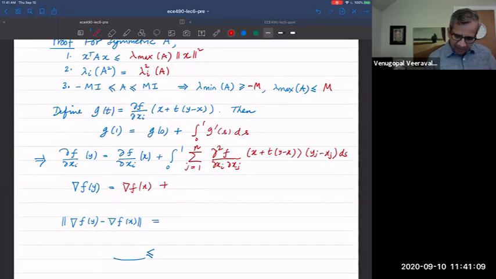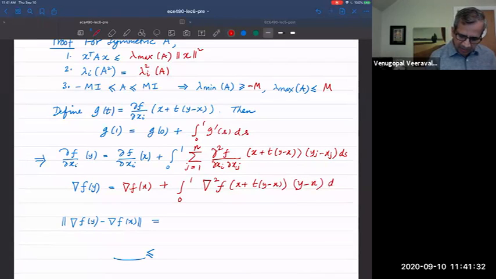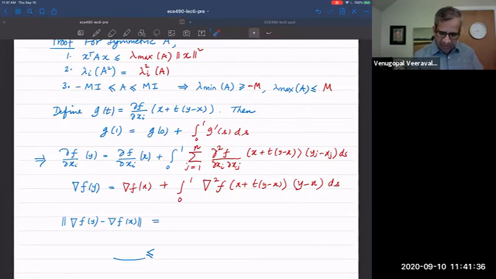And inside the integral, this is already an inner product, but what I'll end up getting is the Hessian of f at x plus t(y minus x) times the vector y minus x. So this matrix times the vector will be a column vector, right? And so all these are now column vectors. Any questions?